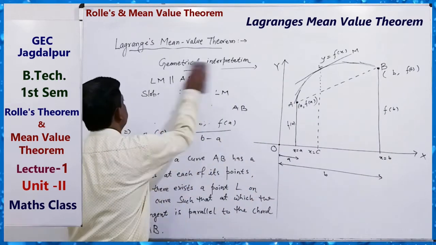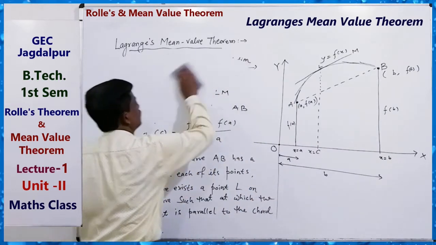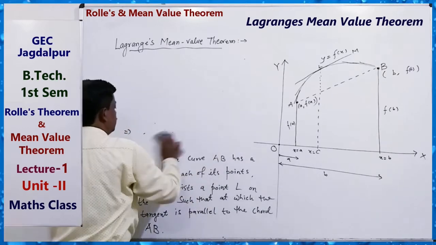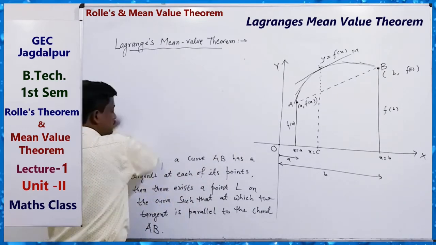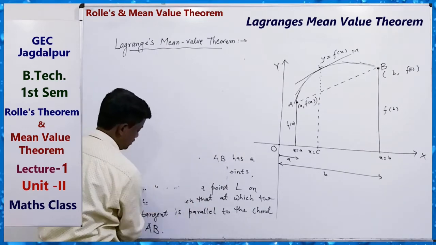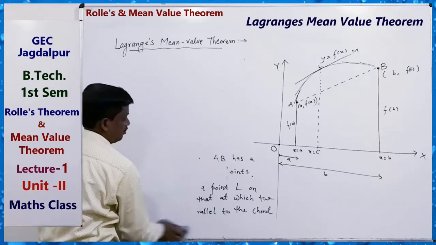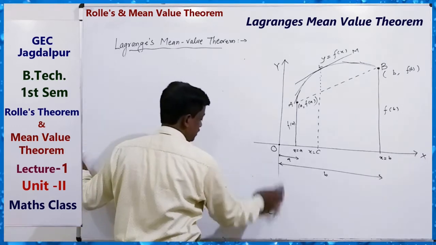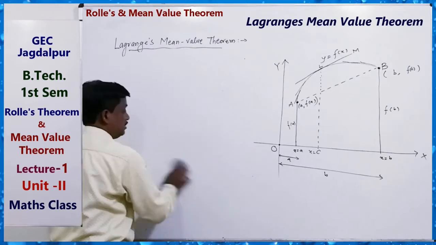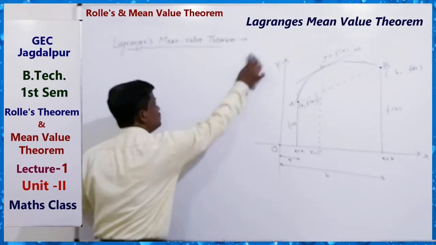Okay, it's another form. We can now state it in another way. There exists a number lying between 0 and 1.